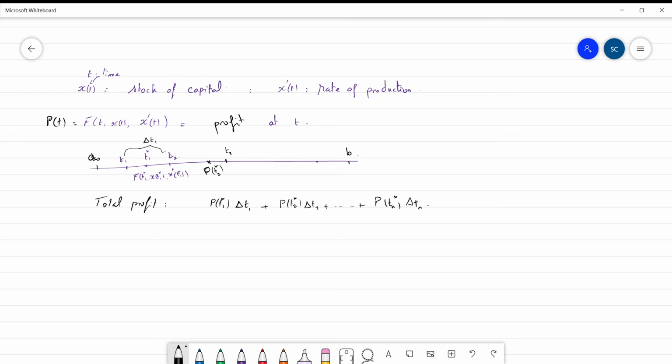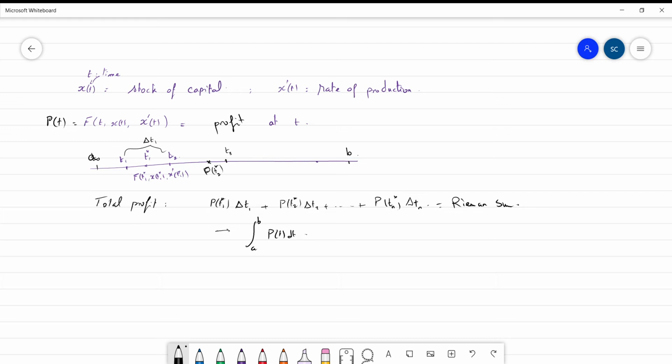If we increase the number of times we are reading our profit, we expect this Riemann sum to converge, and the total sum is usually represented by the integral from a to b of p(t) dt.